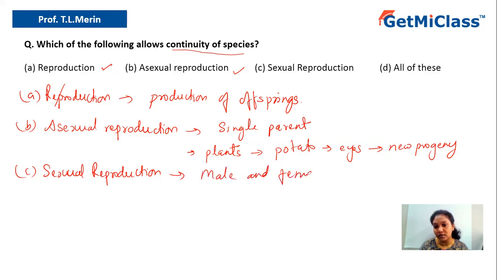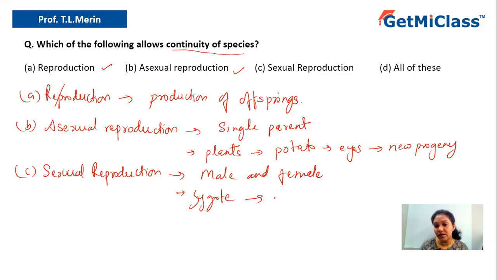Here the gametes produced by the male parent and the gametes produced by the female parent fuse together to form something called a zygote. This zygote will get converted into a progeny, or an offspring, that is nothing but continuation of generation, or species.